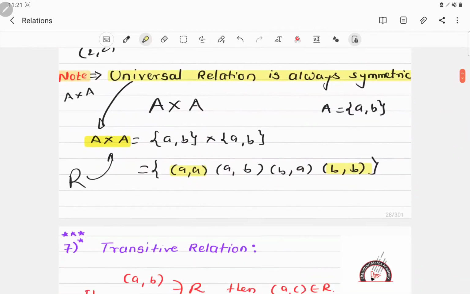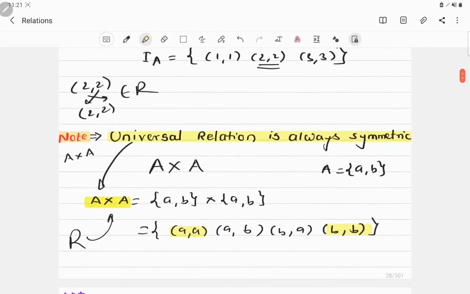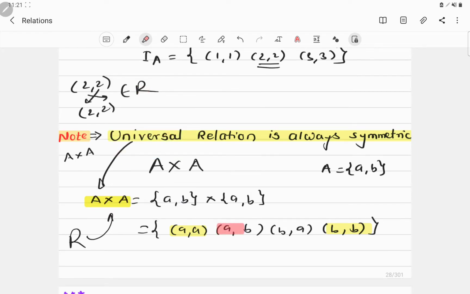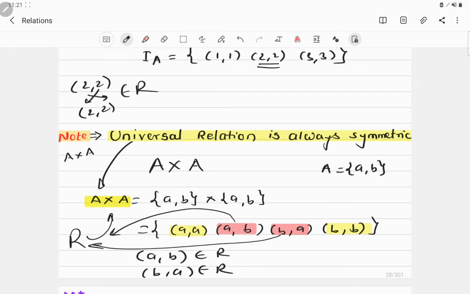Here (A, A) and (B, B) are nothing but the reflexive part. But what is your observation about (A, B) and (B, A)? Both are present in the relation. So (A, B) belongs to the relation and (B, A) also belongs to the relation. Even if you change the position of the terms in the ordered pair, both are present in the relation itself.